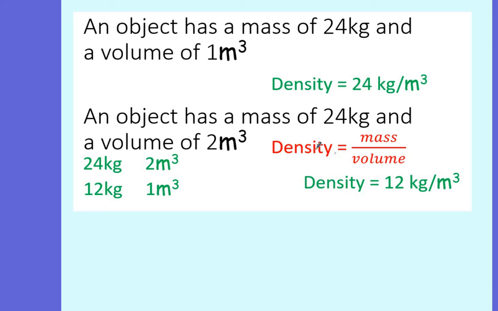And what we've shown is density is equal to the mass divided by the volume. When I had 1 metre cubed, the density was 24 over 1. However, this time, when I had 2 metres cubed, the density was given by 24 divided by 2.